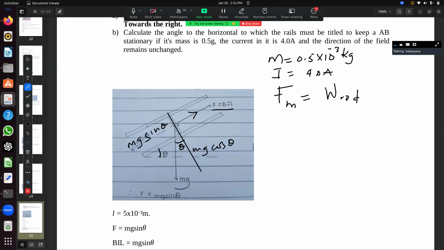But we're interested in mg sine theta because it is the component that balances the magnetic force. So that would be BIL equals mg sine theta. That okay?